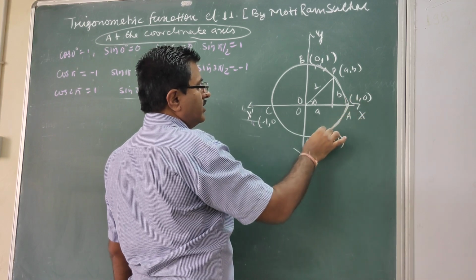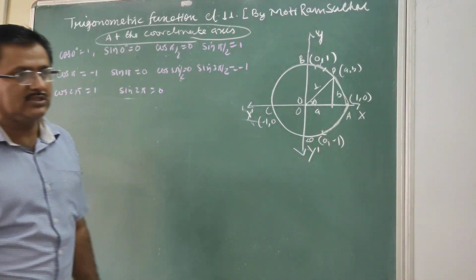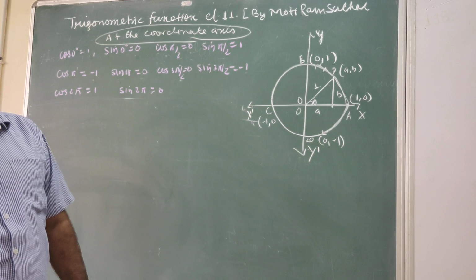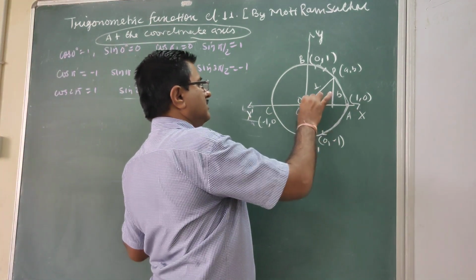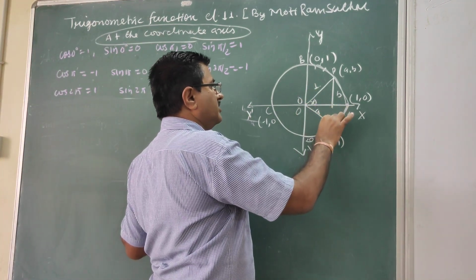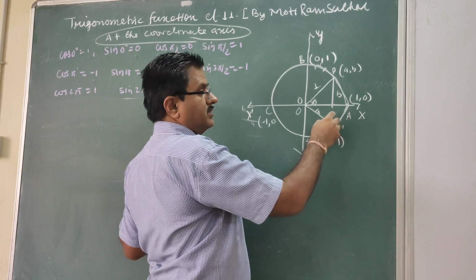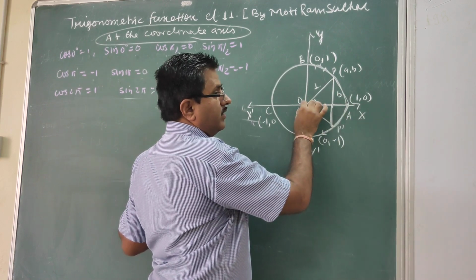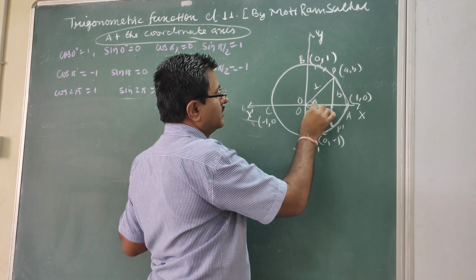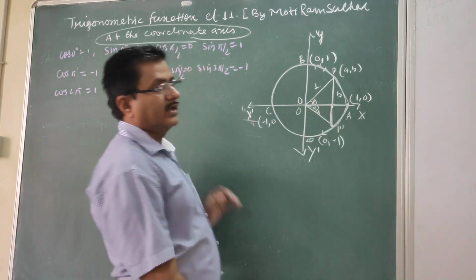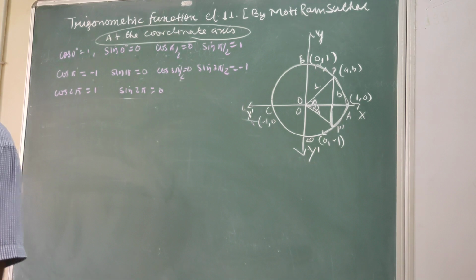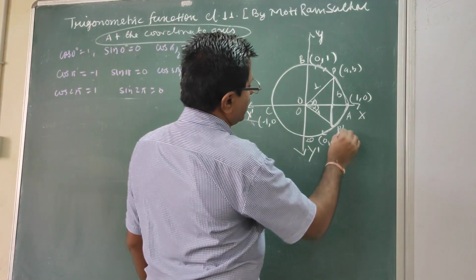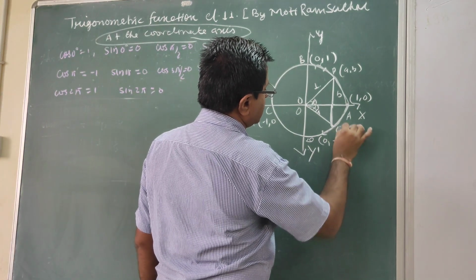If we are moving in the negative direction, means theta is negative, in that case also you join this point to this, that is suppose P dash, and draw a perpendicular from the point P dash on the x axis. So this is minus x. Now our x is converted into minus x. So the coordinate of this P dash we can consider as Q.